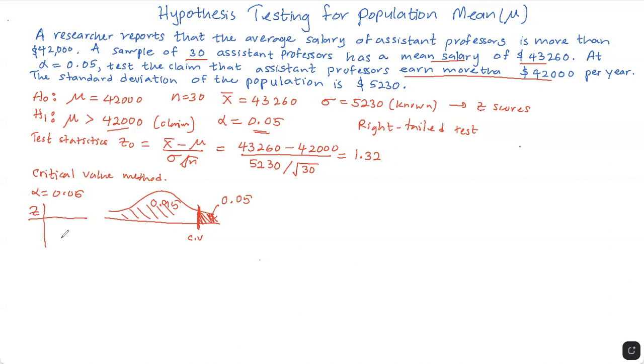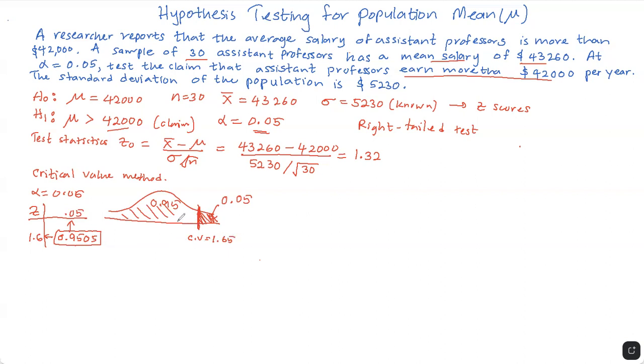Locate the closest number to 0.95 inside the table. You will see 0.9505 is the closest area to this. And then locate the z-score. The z-score is 1.6 and the second decimal place is 0.5. So this critical value is 1.65.